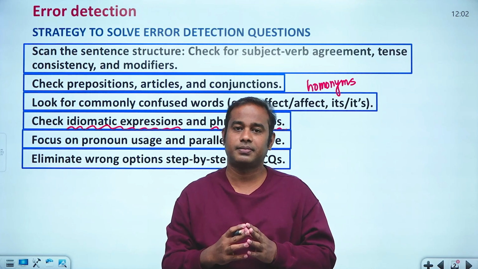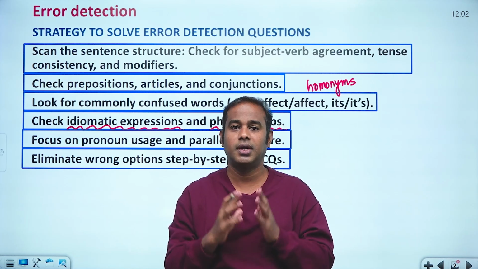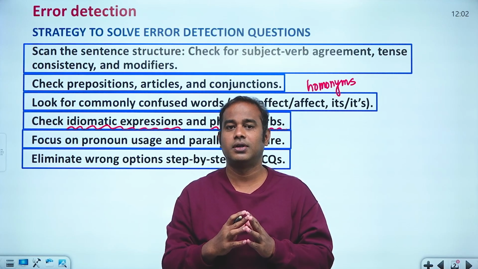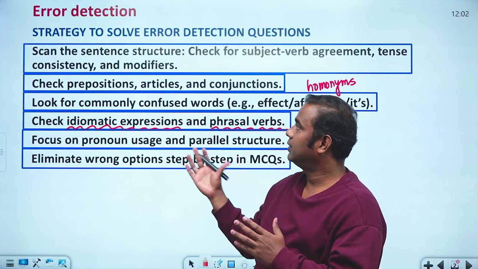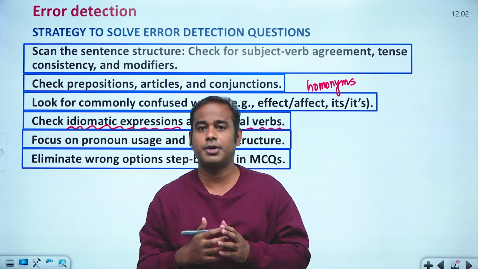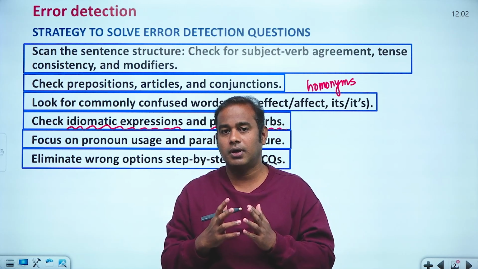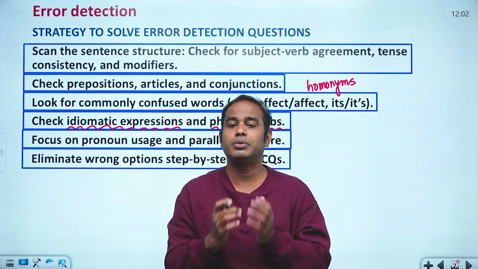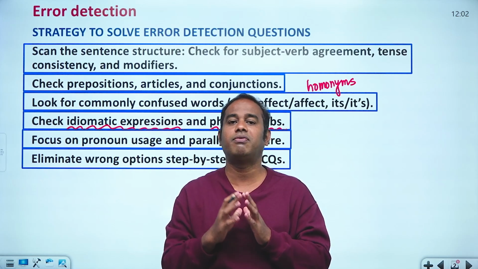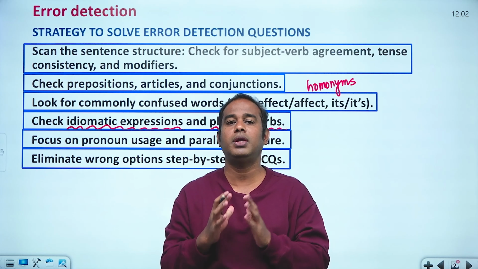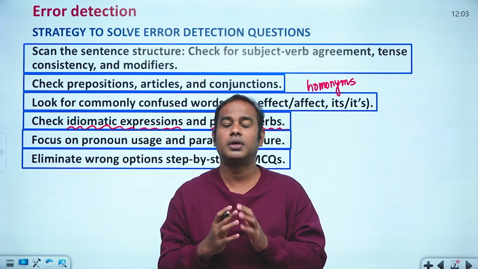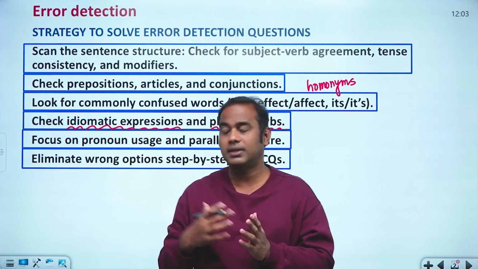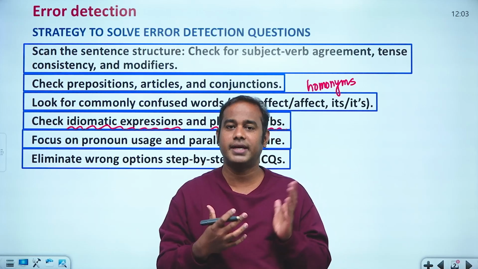So when you are facing these problems, error detection or sentence correction, with sentences like this, you might have come to the conclusion that you must be very thorough in grammar, then only you can solve these problems. First point. The next point is sometimes it's not only about being thorough in the subject, but also you should learn the technique of how to solve it.